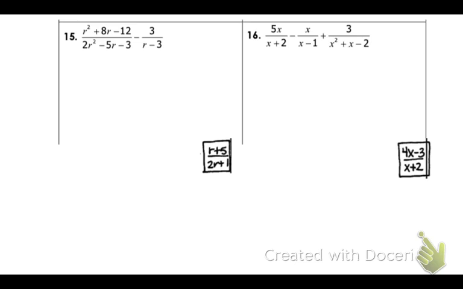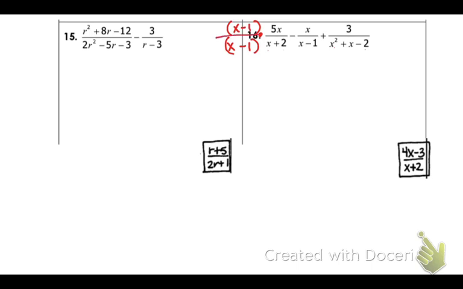Okay, so for number 16, we're trying to get x plus 2 to turn into x squared plus x minus 2. And then we're also trying to get x minus 1 to turn into that x squared plus x minus 2. So now let's figure it out. This x times x will give you the x squared. This 2 times a negative 1 will give you the negative 2.